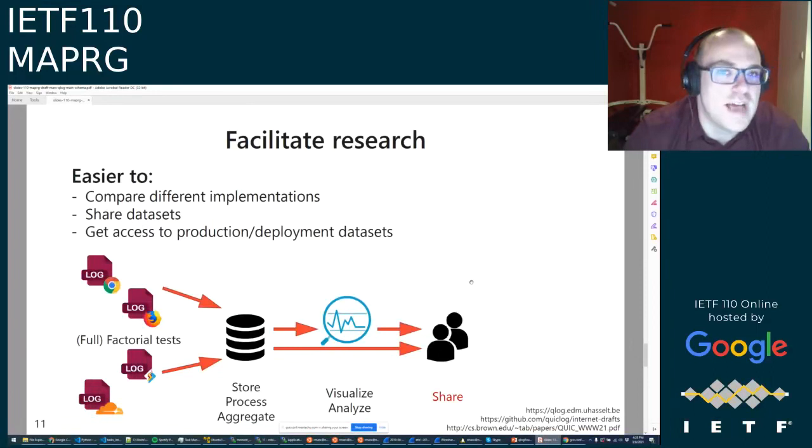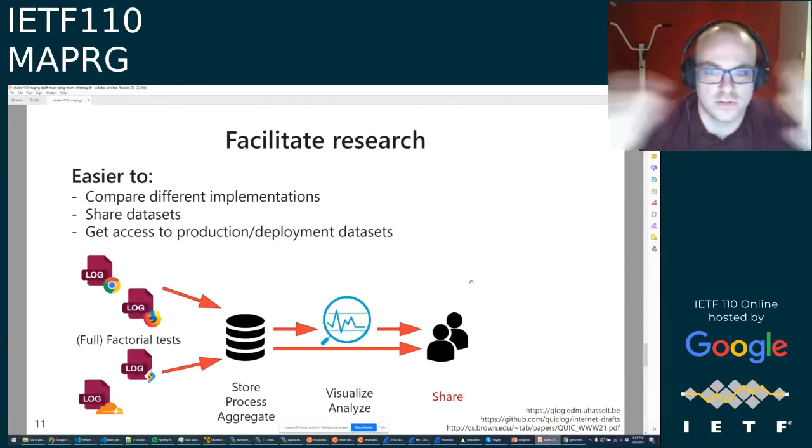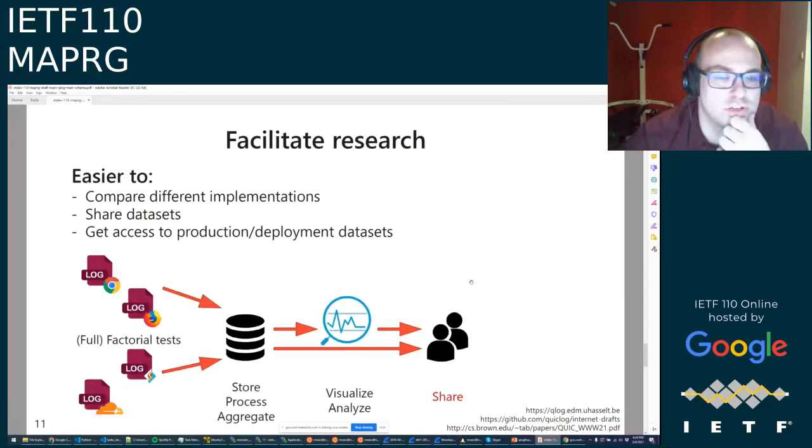For example, Facebook has concretely indicated interest in exposing a larger data set, with, of course, all the salient data removed again, to make it easier to do actual research on real-life network data, which I think is a bit lacking as well, or at least difficult to get access to for the broader community.